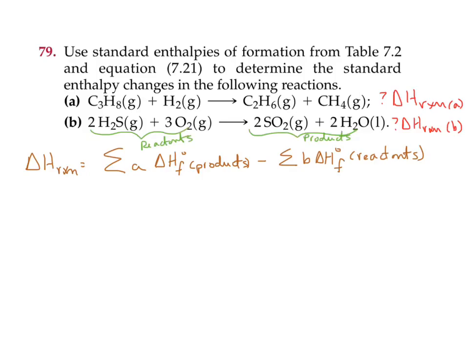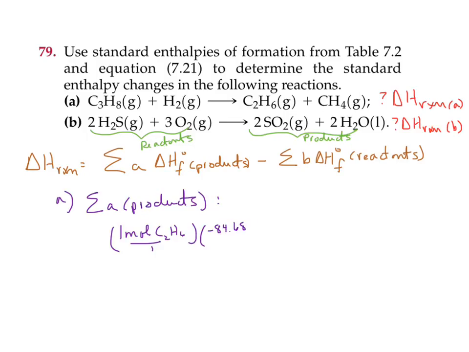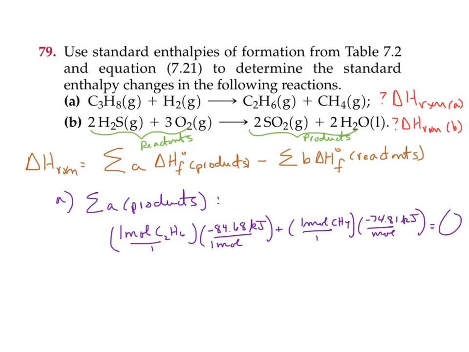Okay, it's always products minus reactants. So I went ahead and kind of a little bit overkill, kind of showed you how the first one looks. So I would clearly say products, blah, blah, blah, blah, reactants, blah, blah, blah, blah, and then do one last subtraction. I really would.